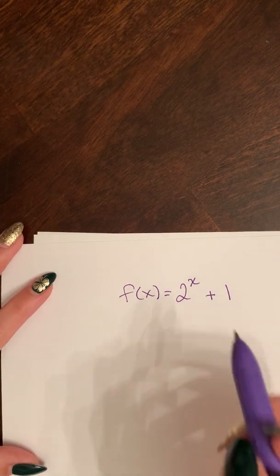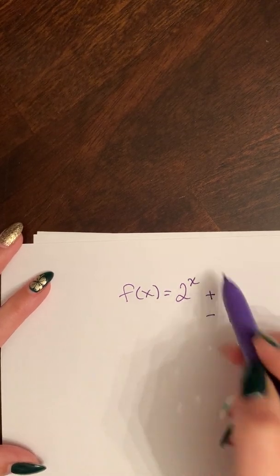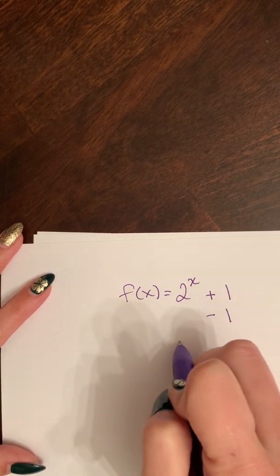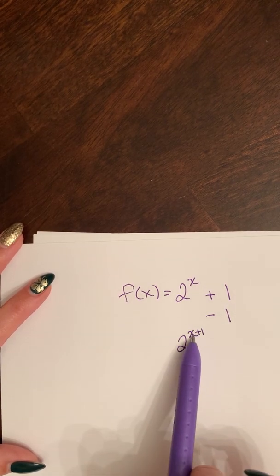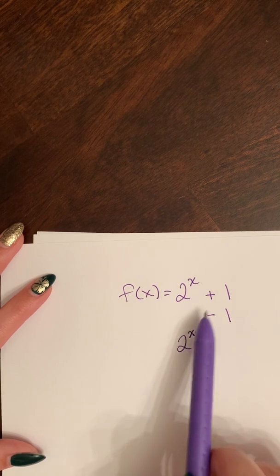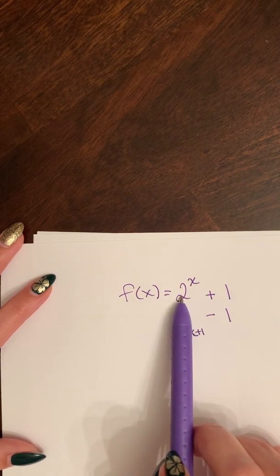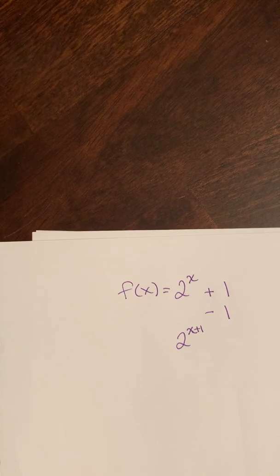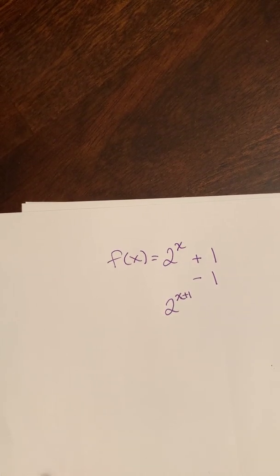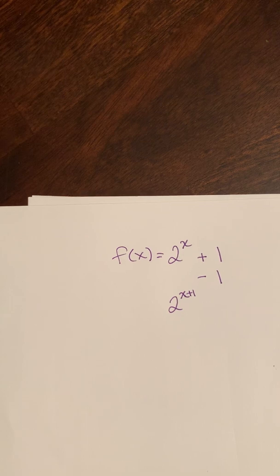So we're going to graph that. And then we're going to graph 2 to the x minus 1. And then we're going to graph 2 to the x plus 1. So now the 1's being added to the x value. This is being added to the whole function. So hopefully you start to see a trend there, and then you can check your answers.